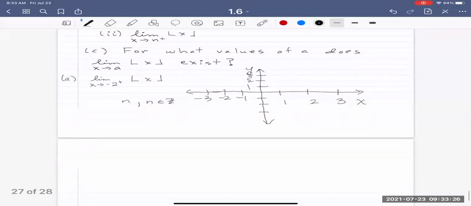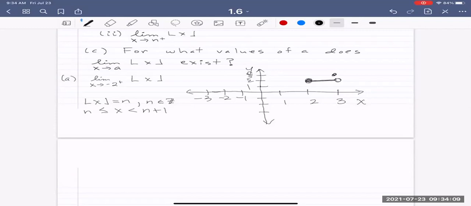If x is equal to n, if n is an integer, and if n is less than x, which is less than n plus 1. Okay, so if I look here at 2.5, 2.8, 2.9, well, it's going to always equal 2. Except when I get up to 3, in which case it will equal 3. There'll be a little hole here.